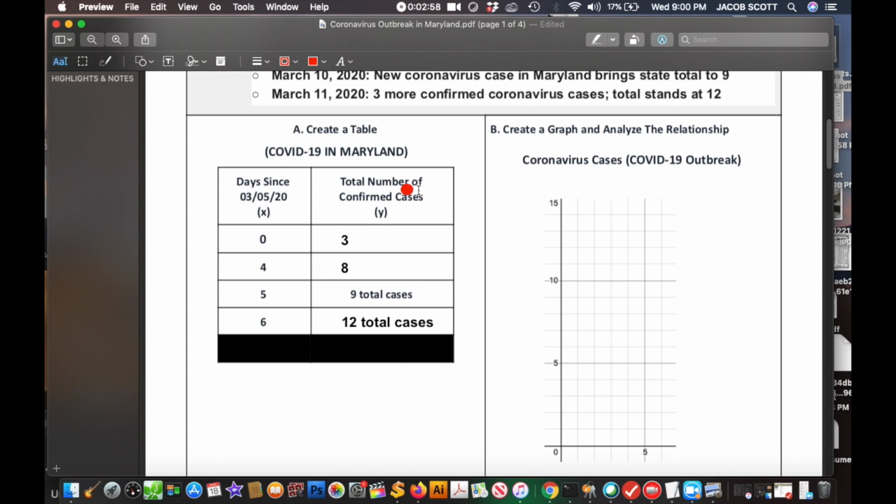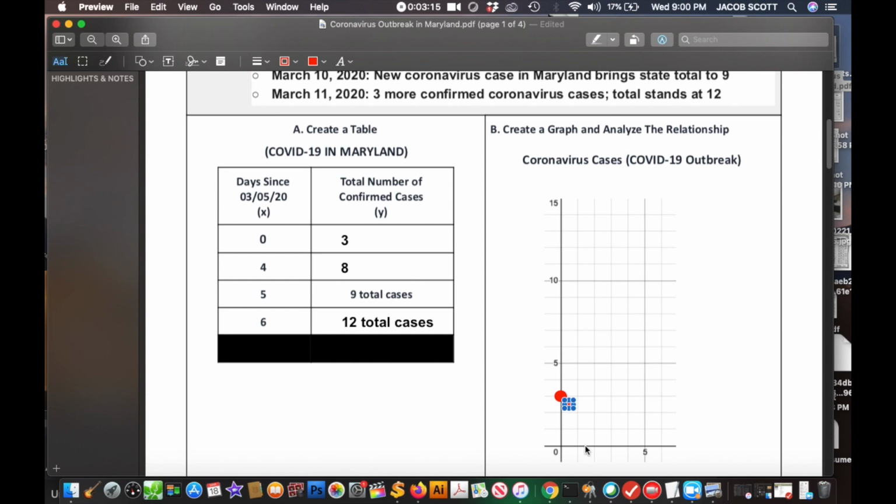Okay, so the first is at 0, 3. So this scale is by 1. So this is 1, 2, 3. I'm going to copy and make another circle for 4, 8.